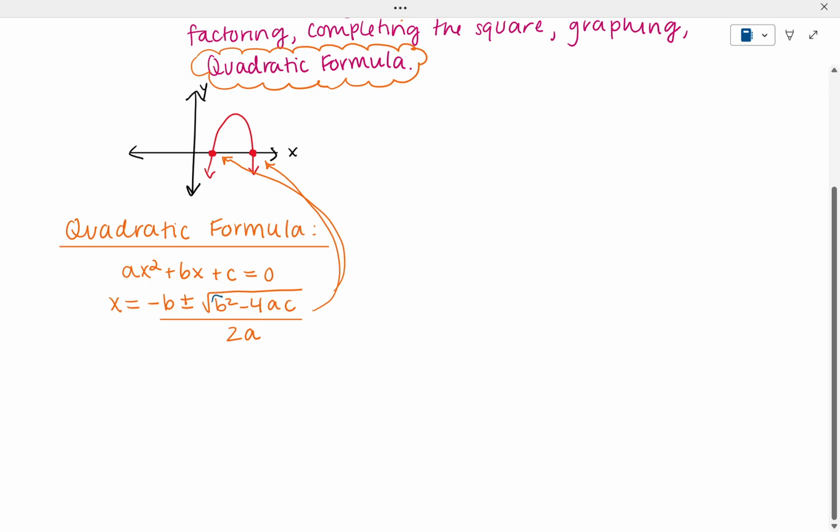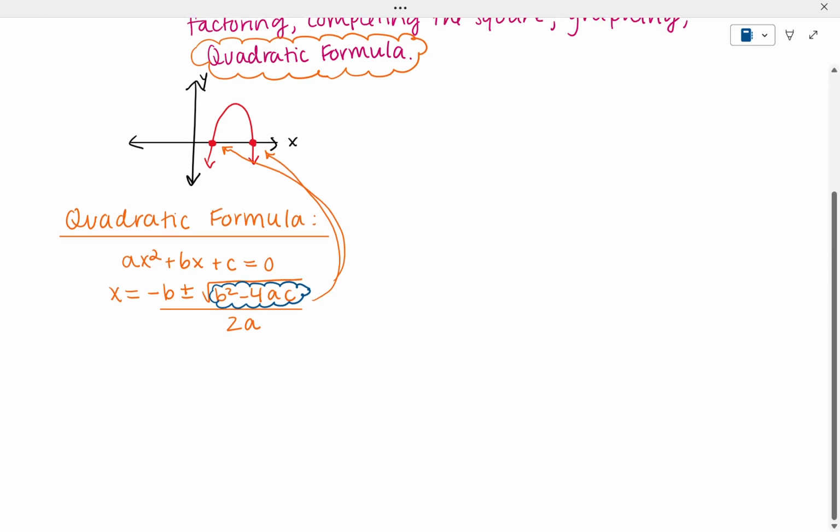So if we look at this part right here, so b squared minus 4ac is known as the discriminant. So the discriminant is b squared minus 4ac. And this tells us how many solutions there will be for x.